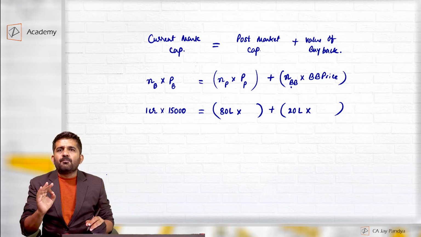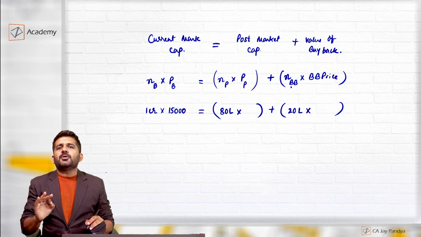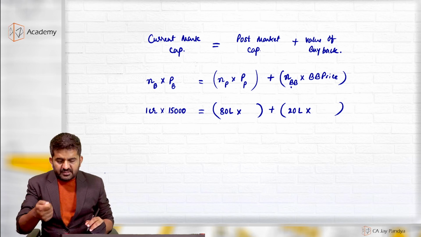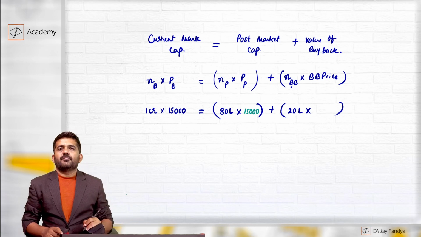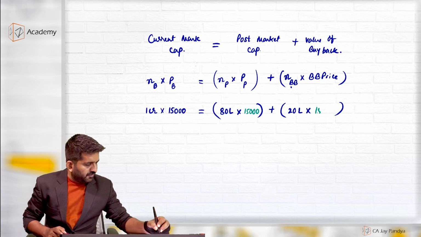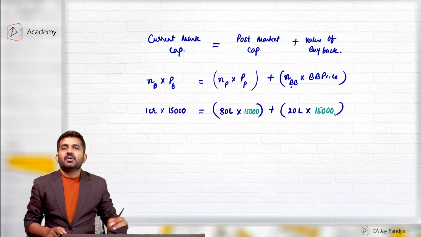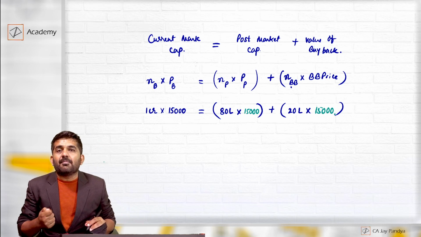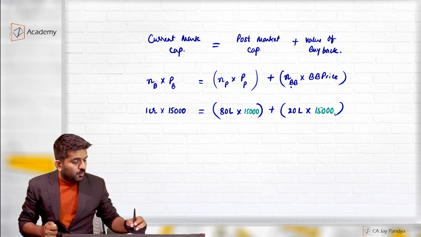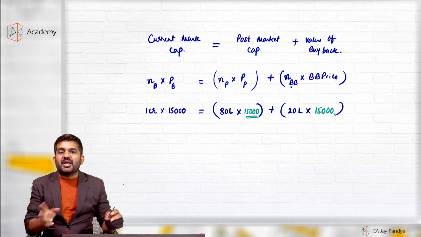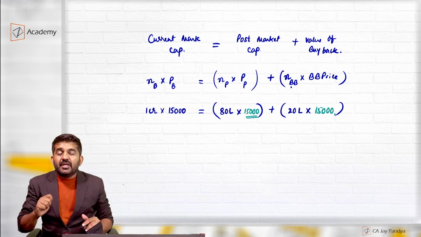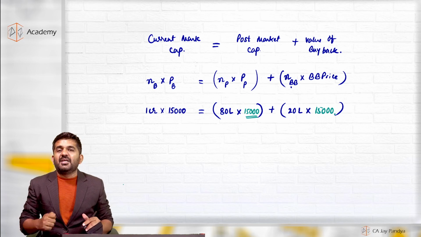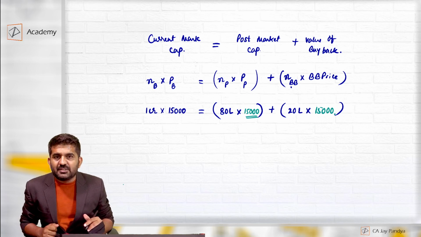Understand, if buyback price is a market price of the share, say 15,000 in this case, then post buyback market price of the share will be also 15,000. You can equate this left hand side and right hand side. It will remain same. It will be 15,000 crore rupees.